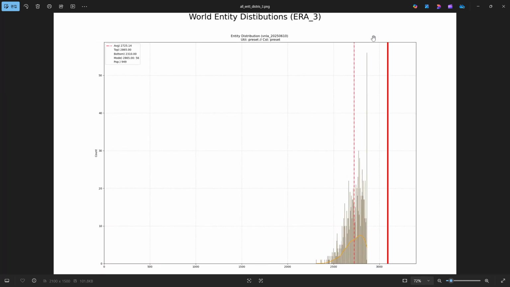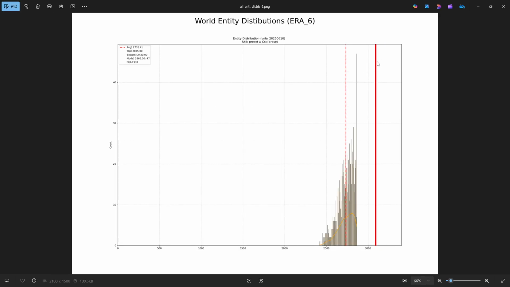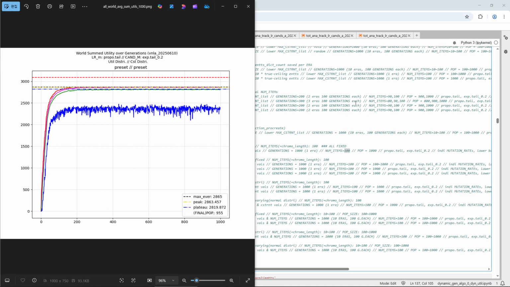So all that is just entities with true ceiling chromosomes. Same here, same here, same here. So they quickly converge because the entire environment was already sufficient for a very early convergence to true ceiling. So that's how it went.